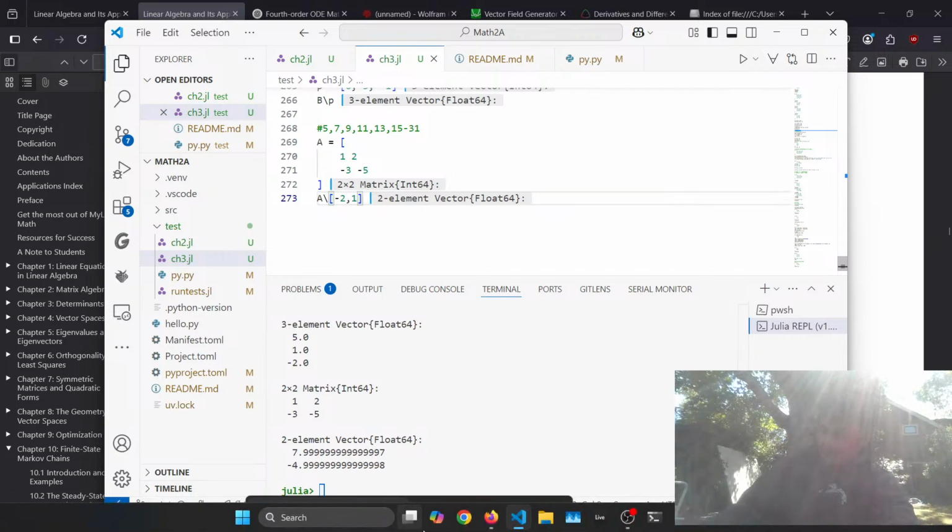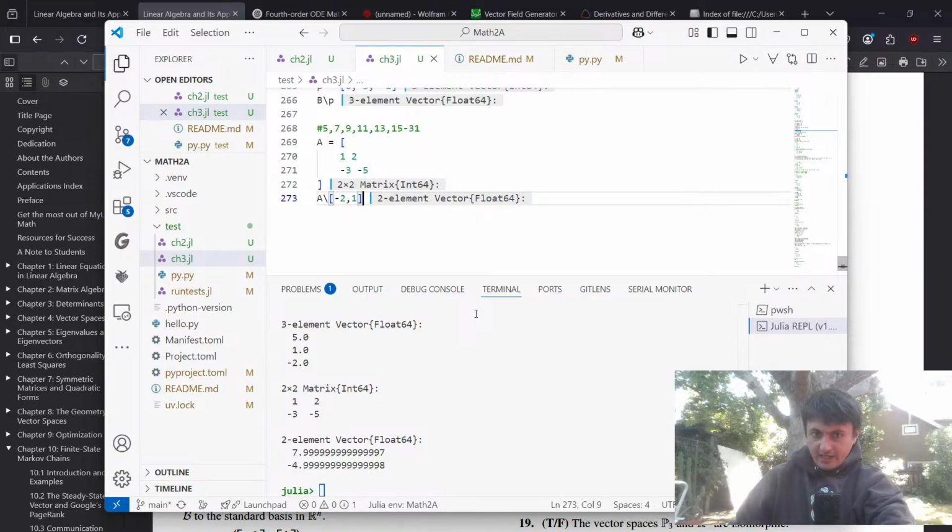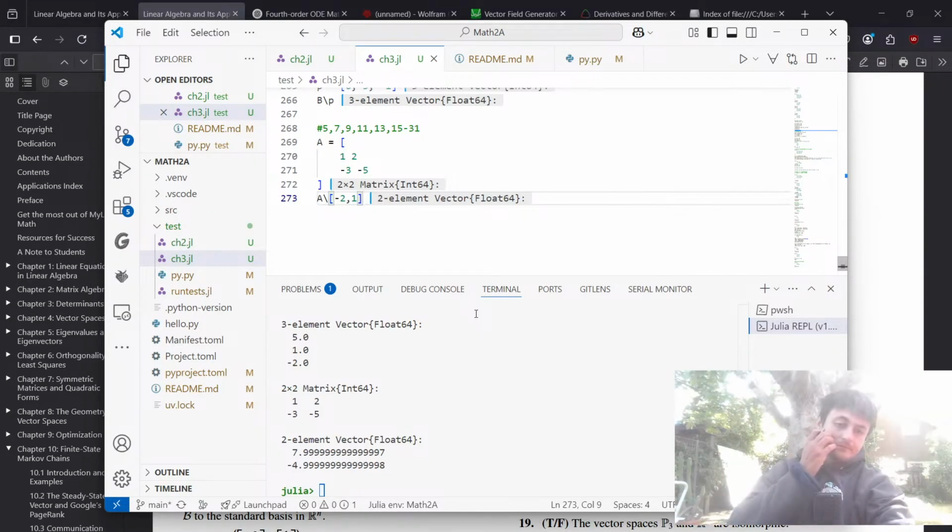So then that means that x relative to B is equal to 8, 5, minus 5. Okay, so that's pretty cool.